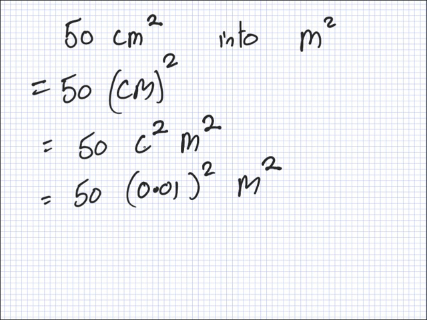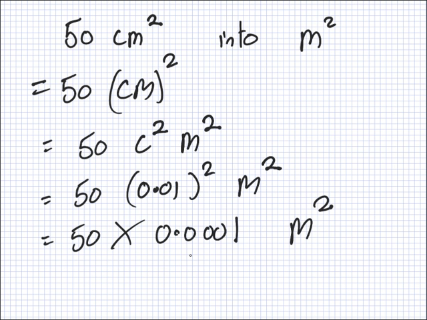Because remember we said centi is this. So that's 50 times 0.0001 times meter squared. 1, 2, 3, 4, 0.005 meter squared.